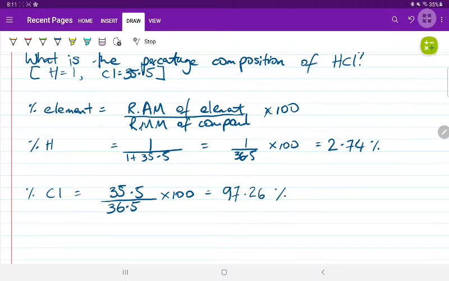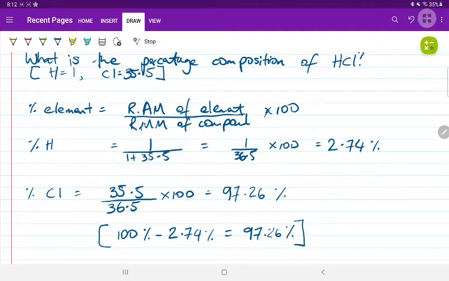Okay, so as I said, you can do it that way, or you could do 100% minus 2.74%, and that will give you the same answer. The reason you can do it this way is because there are only 2 elements. For percentages, remember your percent is always out of 100.